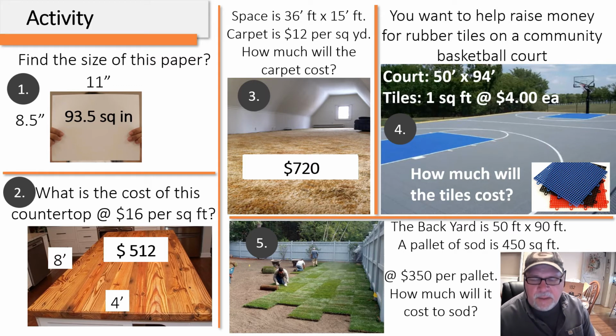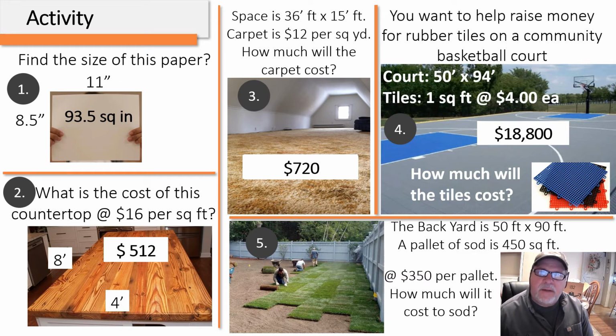Well, let's calculate the size of the court first. And that's 4,700 square feet. Then you multiply it by what? $4, because each tile is 1 square foot. So you multiply 4,700 times $4, and you get $18,800. That's how much you got to come up with to buy those tiles.